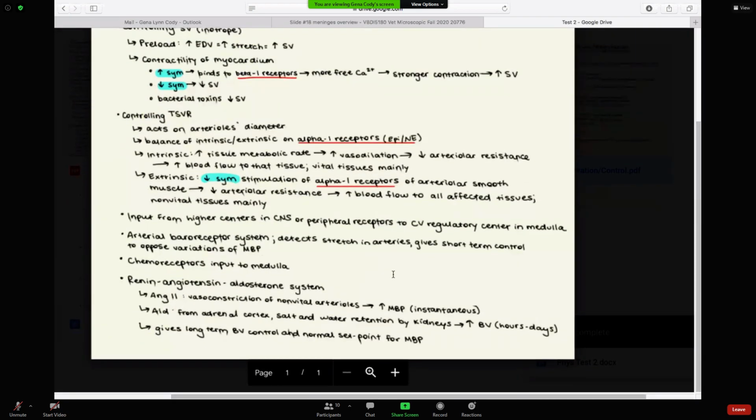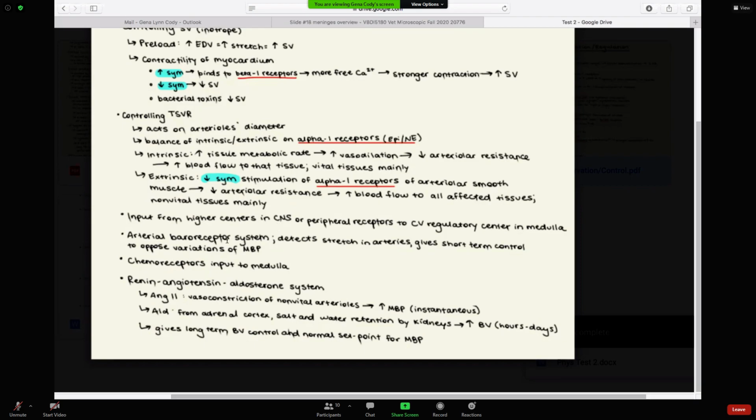So then the last few things are I have input from higher centers in my CNS. So that's like when you talked about the example of like, I know I'm about to do something, I plan it ahead. So higher centers in my brain are going to send a signal to my cardiovascular regulatory center to prime it. So if I know that I'm about to go run, it's going to send those signals to prime everything, right?